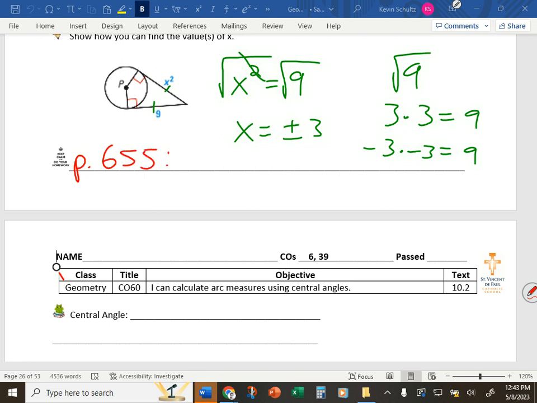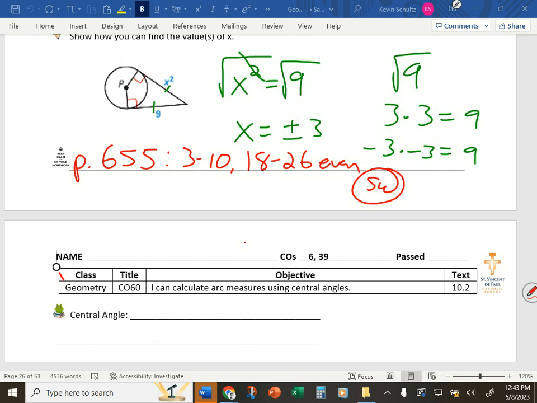Page 655. We don't have a line for homework. Oh, never mind, it's on another page. 3 through 10. And then on page 656, 18 through 26, even.